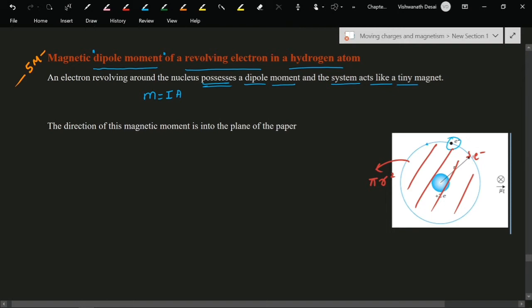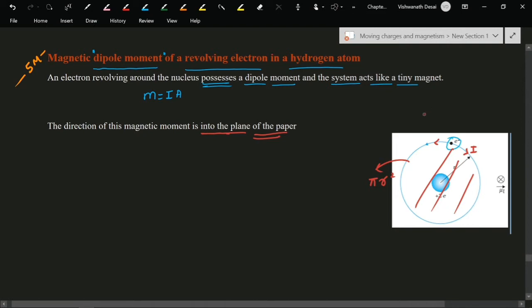If the electron is flowing in this direction, that means the current is opposite, in the clockwise direction. So you curl your finger in the direction of current, and the thumb points into the plane of the paper, where I am writing. So that is the direction of the magnetic dipole moment.